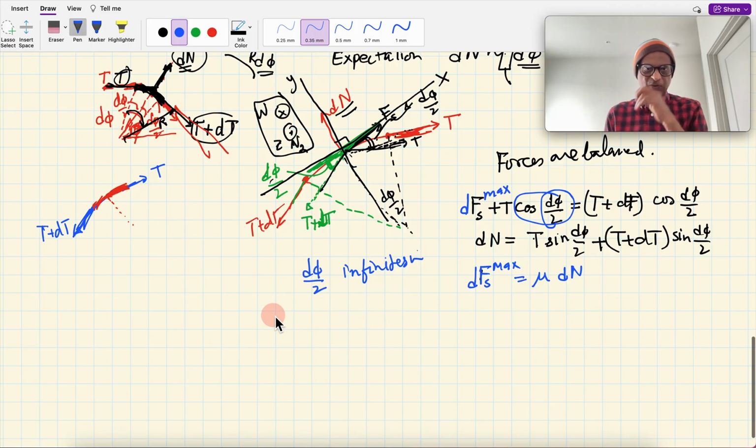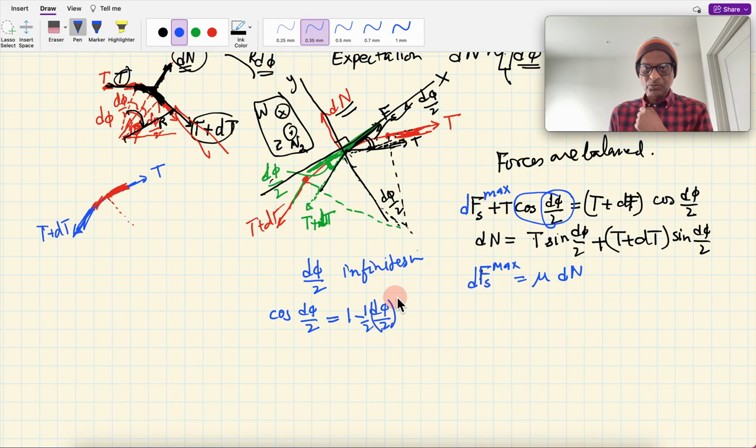And then you could say cosine of dφ over 2 is equal to 1 minus (dφ over 2) squared, plus more terms, and sine of dφ over 2 is dφ over 2 minus 1 over 3 factorial (dφ over 2) cubed, plus like this, right?